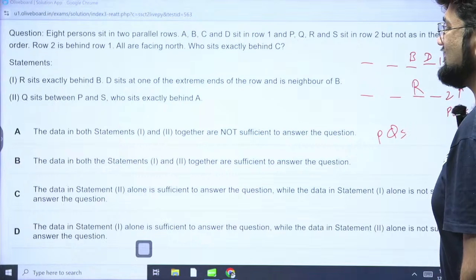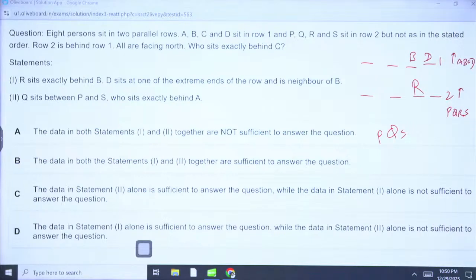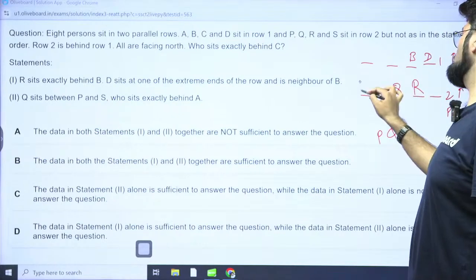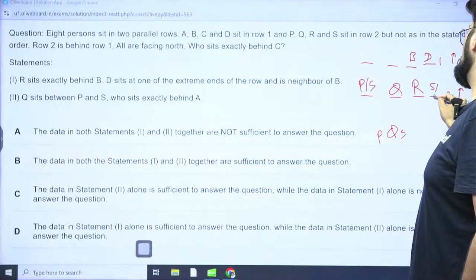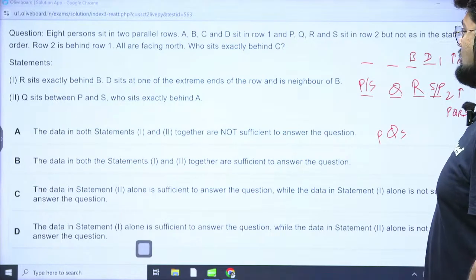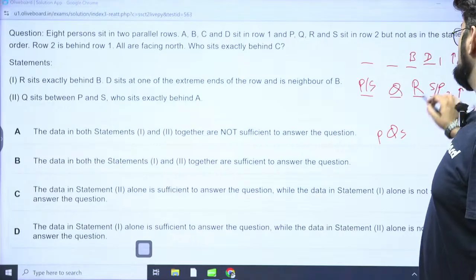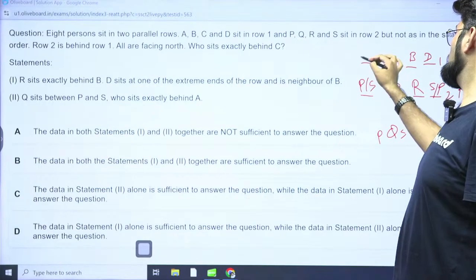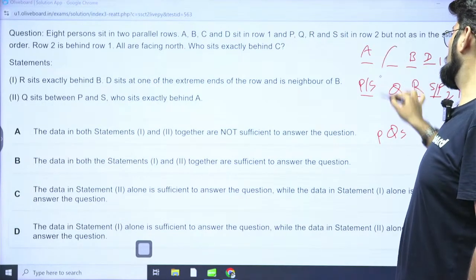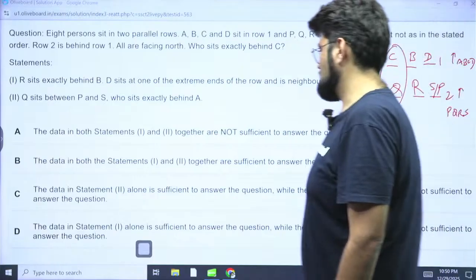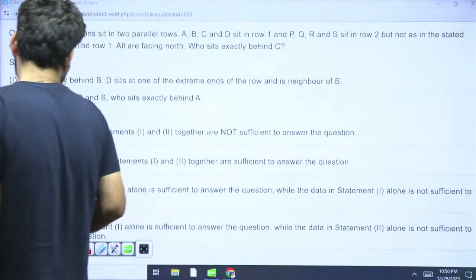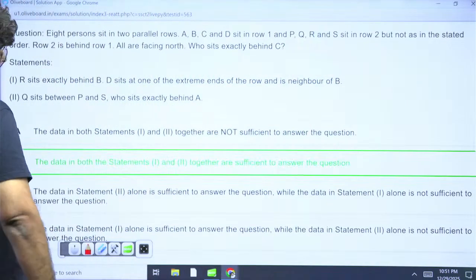So Q sits between P and S. Probably Q then is sitting here. There is no other option which we have. P or S can sit here. Now S is exactly behind A, so then A has to be here. So Q is the only option left, no? I think both will suffice for the answer. Both will suffice, correct.